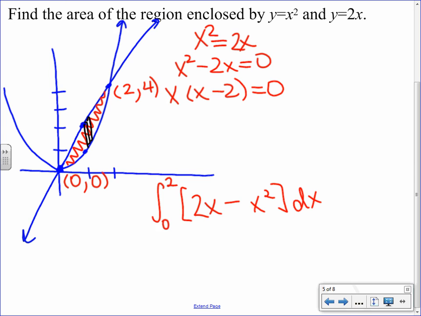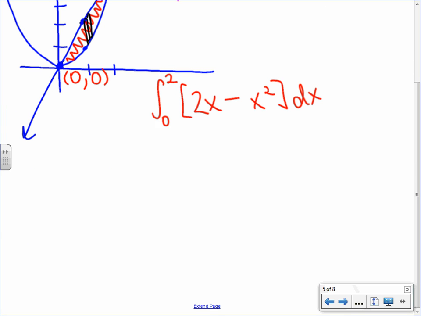Okay, we're doing this without a calculator right now. When we integrate 2x, we're going to evaluate this from 0 to 2.